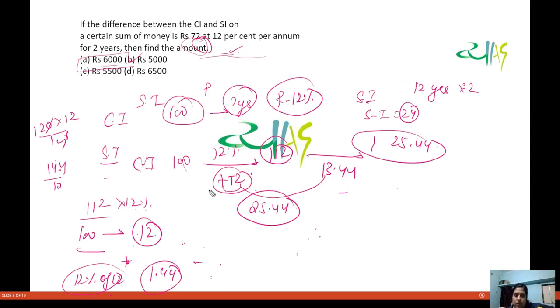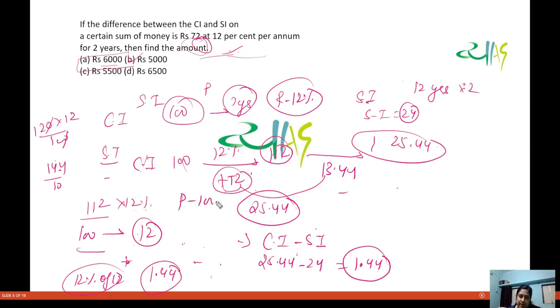So see, what is the difference here between compound interest and simple interest? Compound interest is 25.44 and simple interest is 24. So the difference is 1.44. This difference is coming because I took the principal as 100, but the principal is something else.